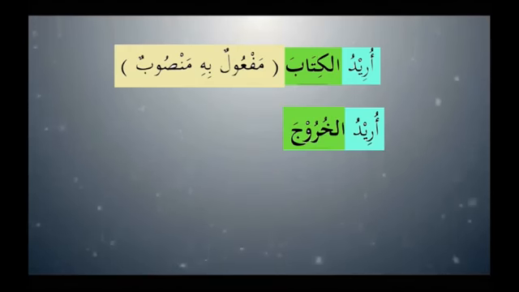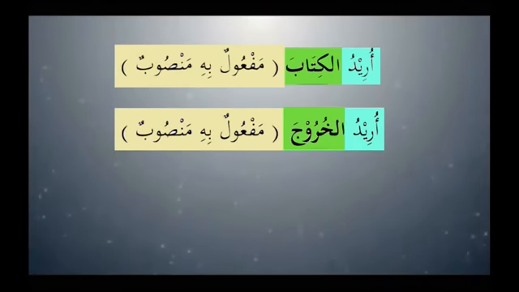It comes from the pattern of fu'ulun, kharaja yakhruju khurujun. So al-khuruja ending with fatha is a maf'ulun bihi for the fi'l uridu. Uridu means I want, to go out, I want to leave.